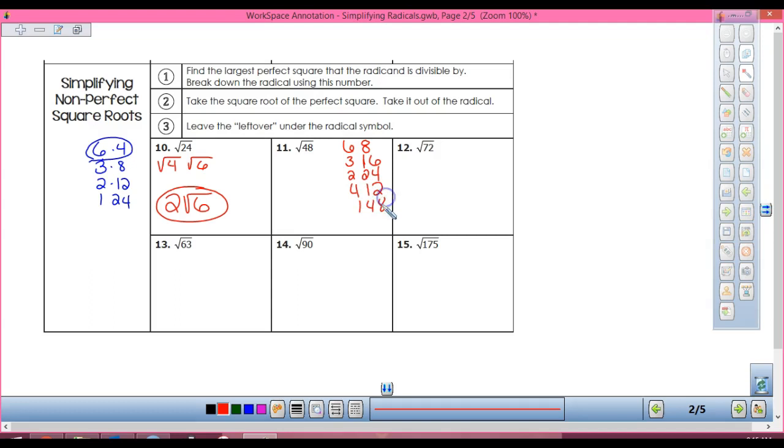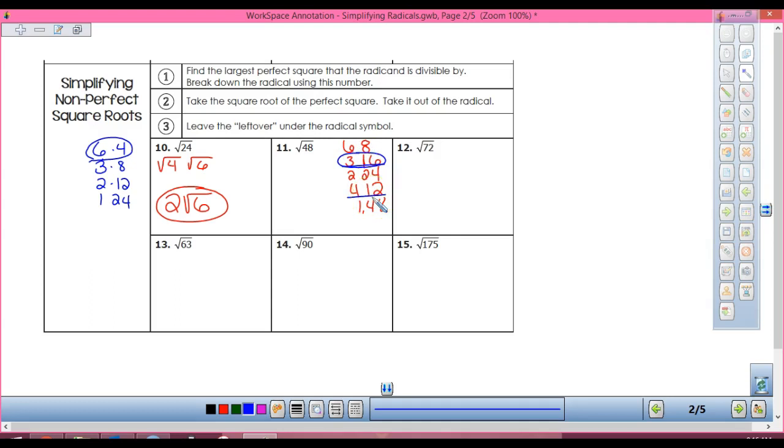Is that it? All right. So right now, I have perfect squares here, and I have perfect squares here, right? We want to pick our bigger of the 2 perfect squares. So which one am I going to pick? The 16. Because 16 is bigger than 4.